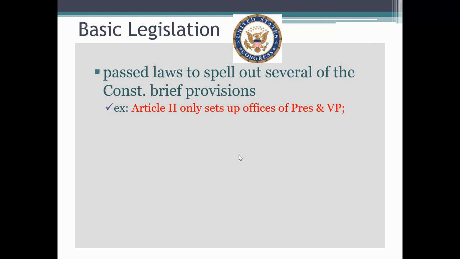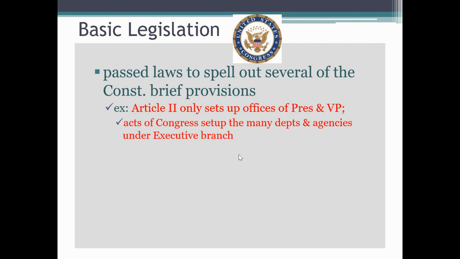I think I've mentioned before that the executive branch is the largest branch of the 3. There are over 3 million people today who work for the executive branch, in all the departments and agencies that are set up. So the Postal Service, the Department of Education, the FBI, any of those departments and agencies you can think of, are all under the executive branch.